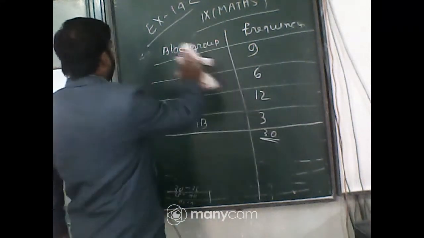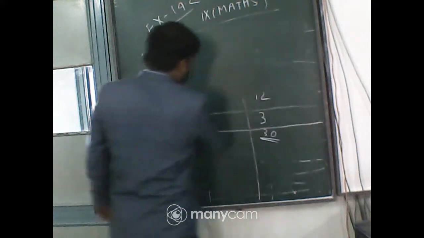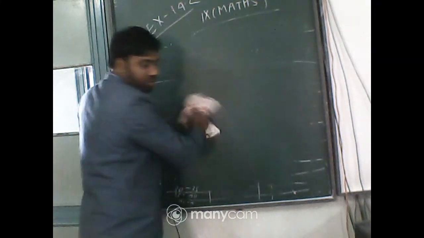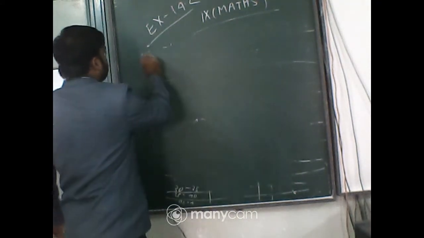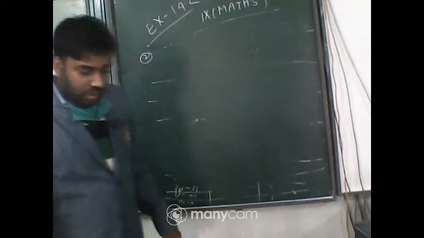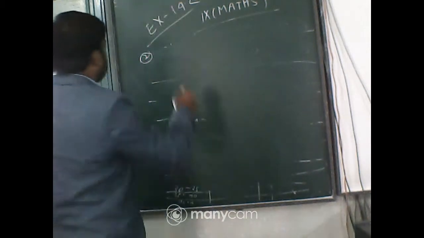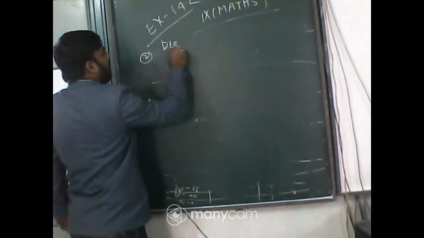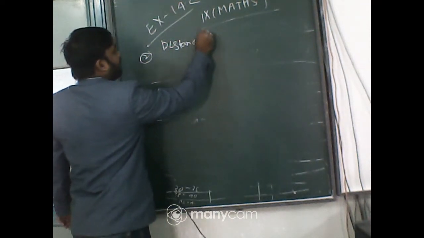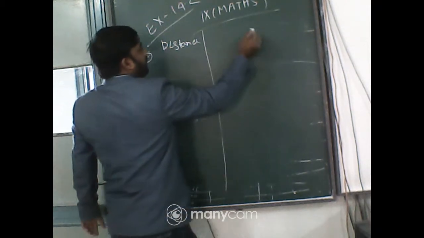Okay, next, question number 2. Here you have to make the frequency table. Write down here: distance, and here, frequency.